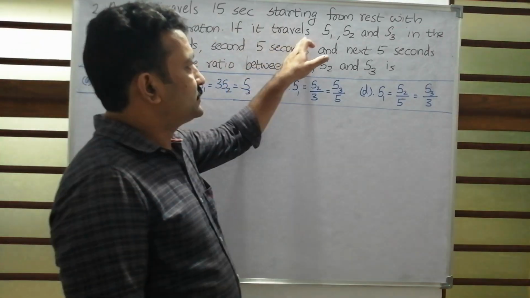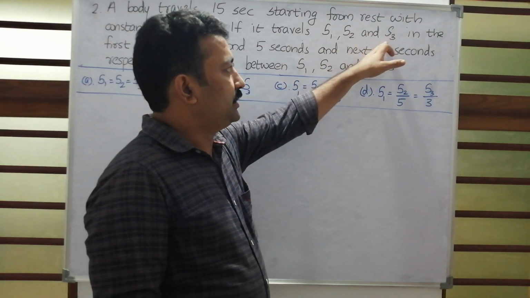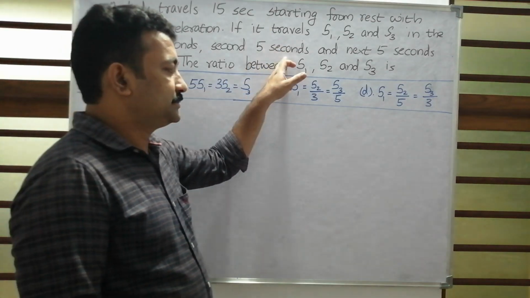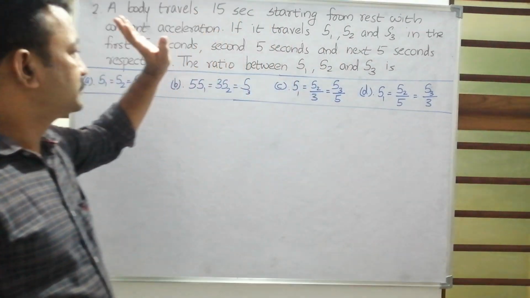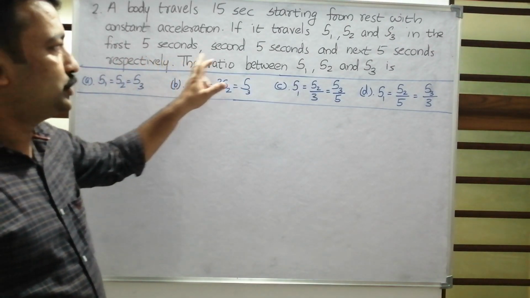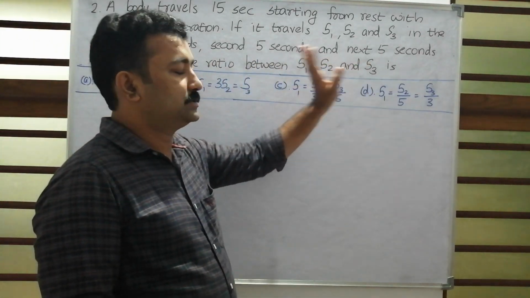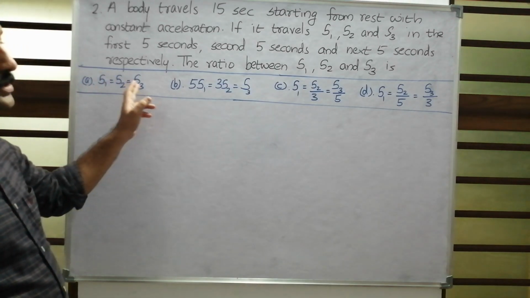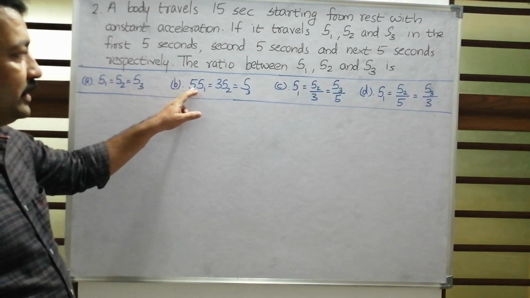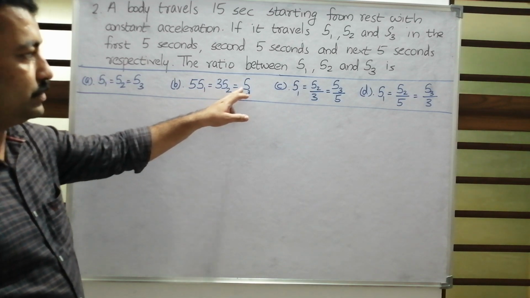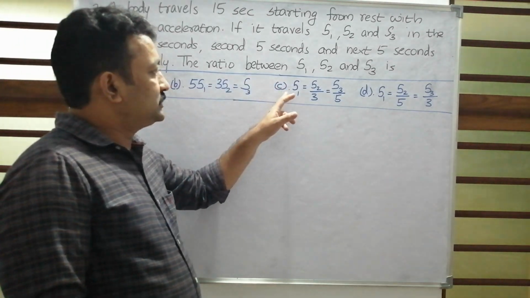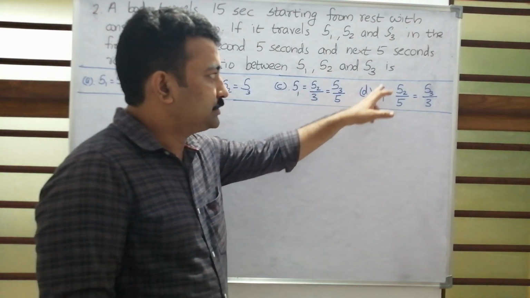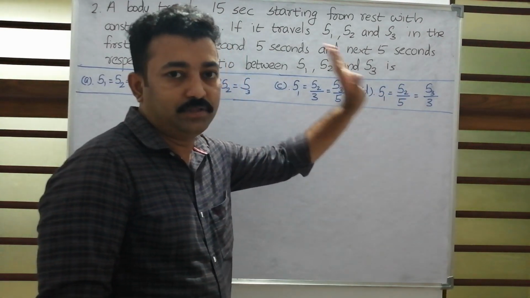If it travels S1, S2 and S3 in the first 5 seconds, second 5 seconds and next 5 seconds respectively, the ratio between S1, S2 and S3 is. The options are: option A, S1, S2, S3 are equal; option B, 5 S1 is equal to 3 S2 is equal to S3; option C, S1 is equal to S2 by 3, S3 by 5; and option D, S1 is equal to S2 by 5 and S3 by 3.